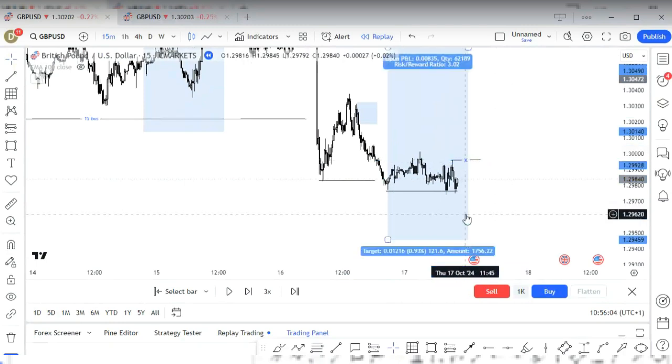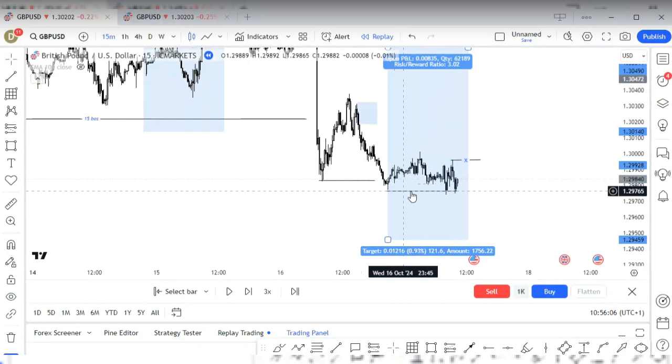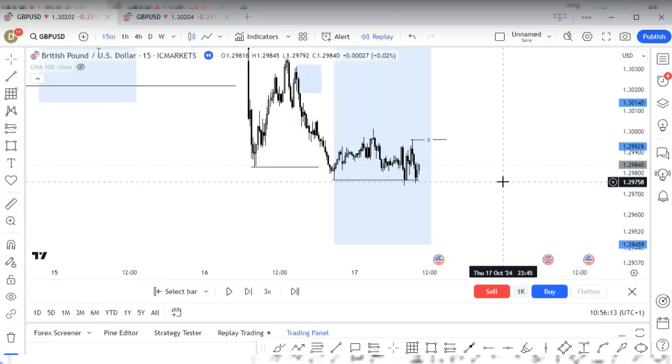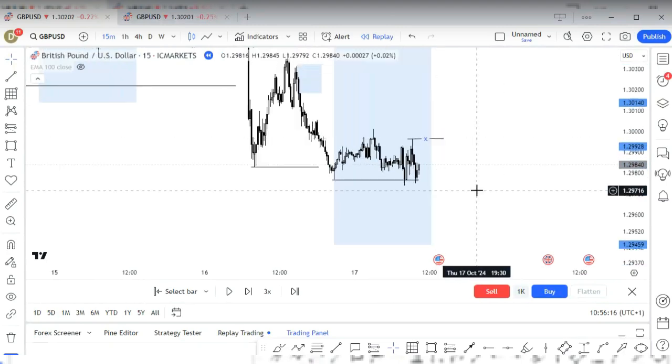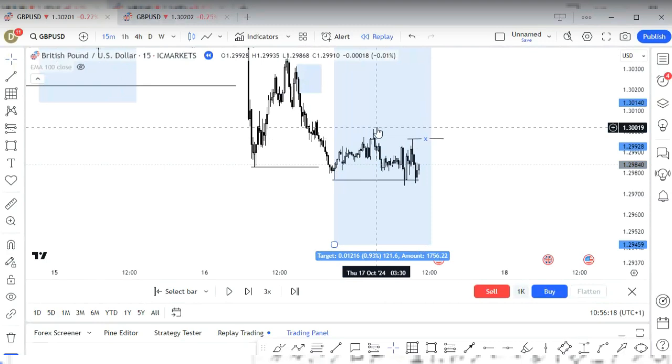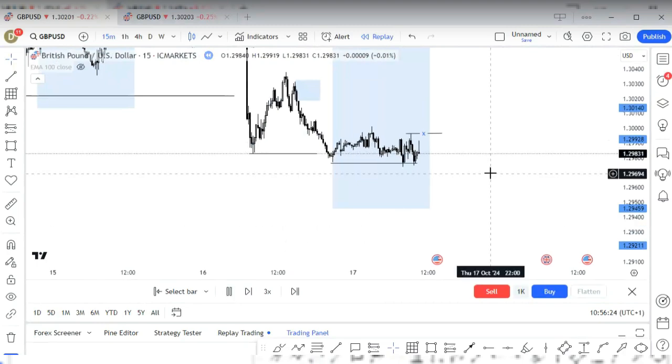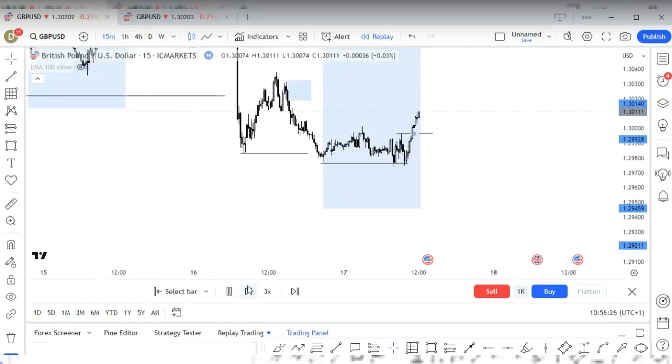Why is it new? Because it is not a break of structure. Assuming that this market closed below here, we have a break of structure. But since it doesn't, inducement shifted to this level. This high is not our recent high. So we wait for the market to create a proper structure for us to follow. And as you can see, market starts pushing up.